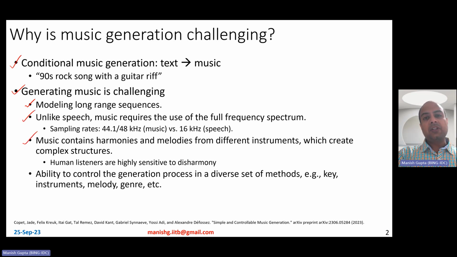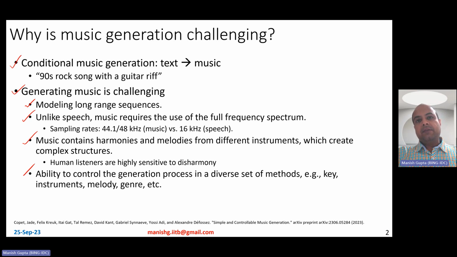Third, music also contains harmonies and melodies from different instruments, which create complex structures, pretty complicated music structures. And human listeners are highly sensitive to disharmony. So therefore, it is super important to be able to somehow generate these complex structures, keeping the harmony and melody in place.